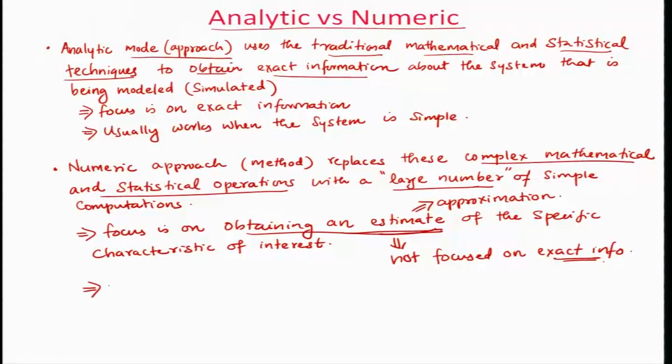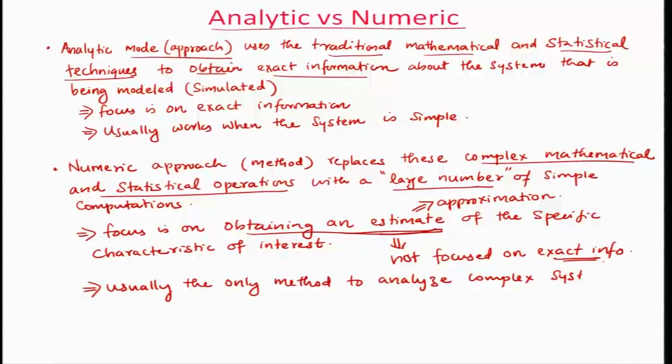Also, usually it is the only method to analyze complex systems. So, when the system is complex, when the system is complicated, then you would rather use the numeric method or the estimation method, where the aim is to obtain an estimate and not exact information, unlike the mathematical and statistical technique.